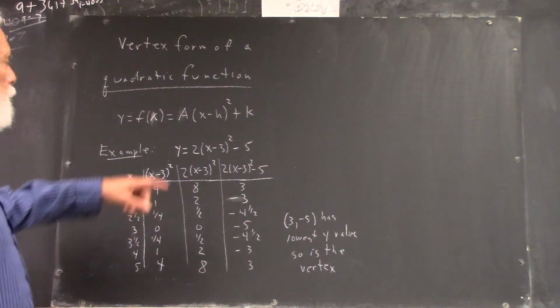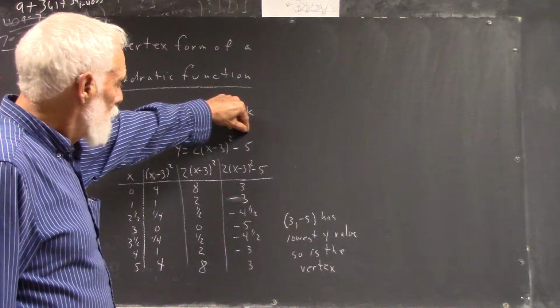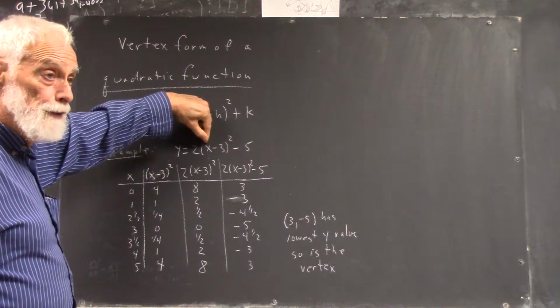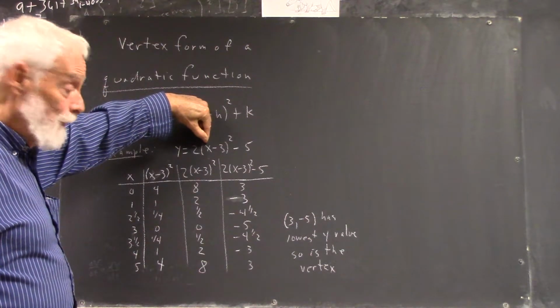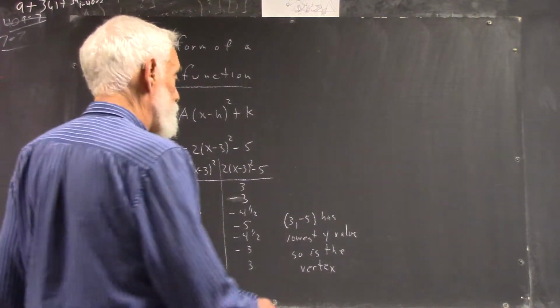Now when we look at a function in vertex form, all we have to do is ask what value of x makes this 0. That's going to give us the vertex.